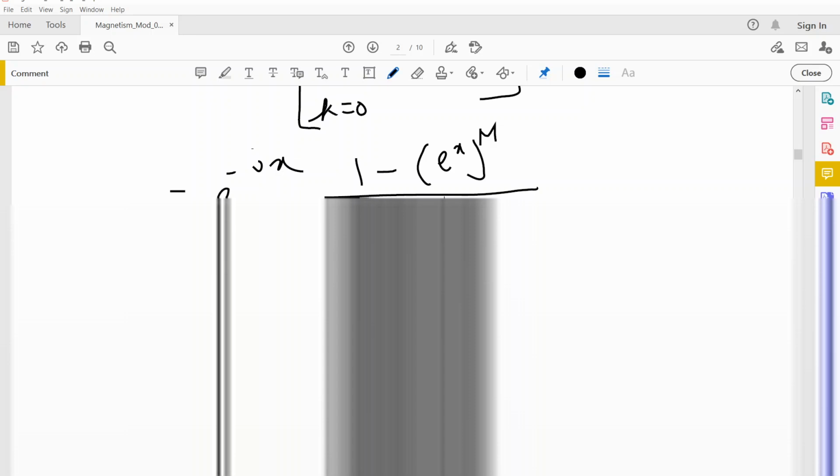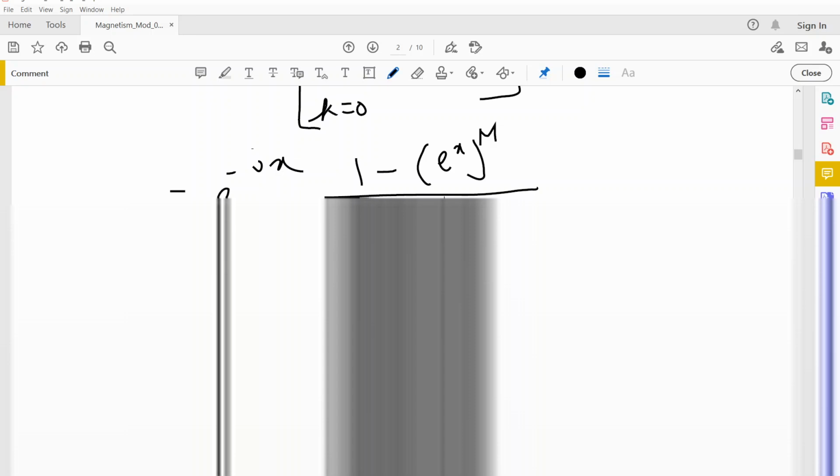Let me just check something here. So dx by dB should be beta g mu B. Sorry, it should not be 1 by, it should be just beta times mu B g. So correct yourself, there was some mistake here.